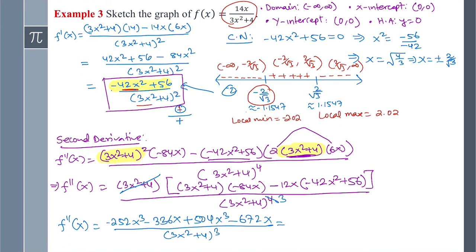And then when we simplify that, we get 252x cubed minus 1008x over 3x squared plus 4 cubed.